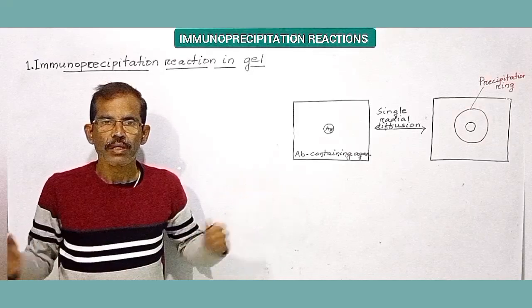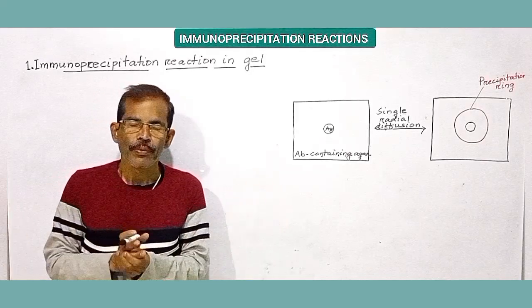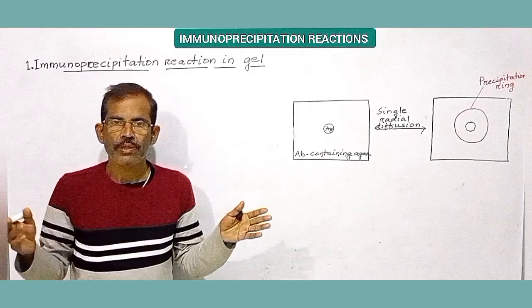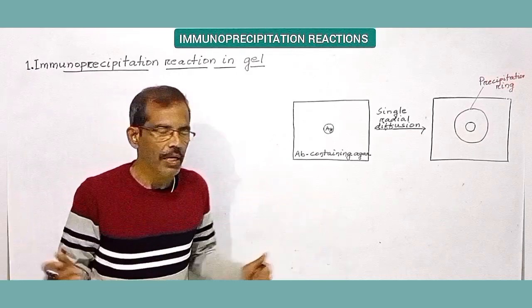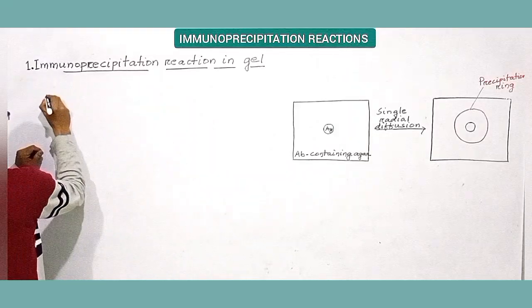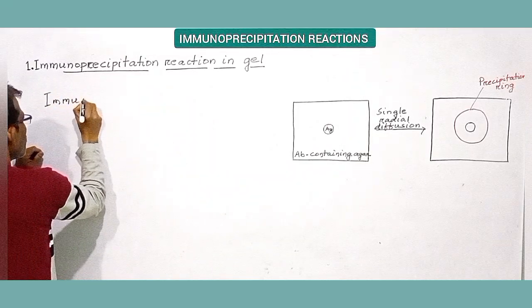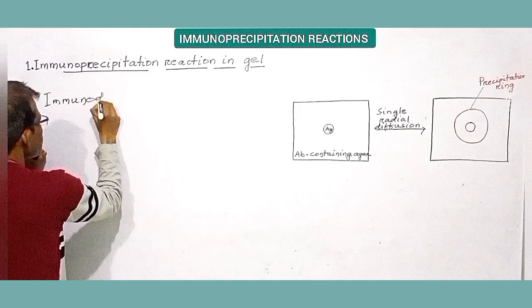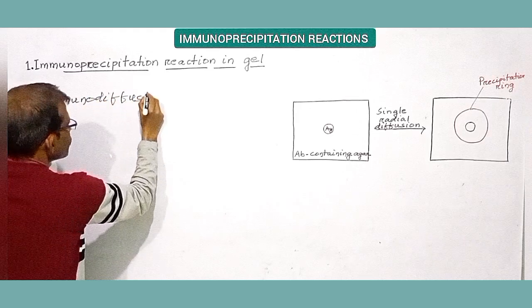Second one is immunoprecipitation reaction in gel. Immunoprecipitation performed in a gel is known as immunodiffusion reaction.